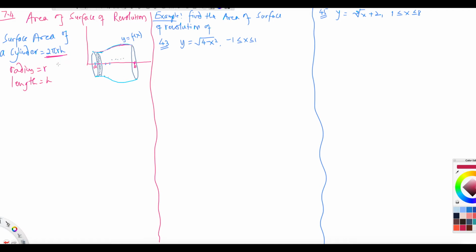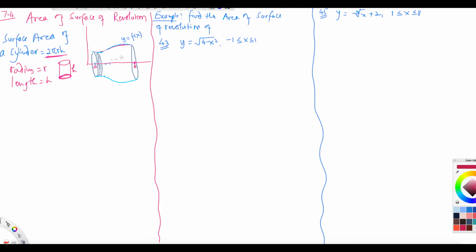If you have a cylinder like this and you are trying to find the area of the surface, it is 2 pi r h, where h is the height. 2 pi r is the circumference of the circle on the base, and then h is the height. That is the total surface area of the cylinder.